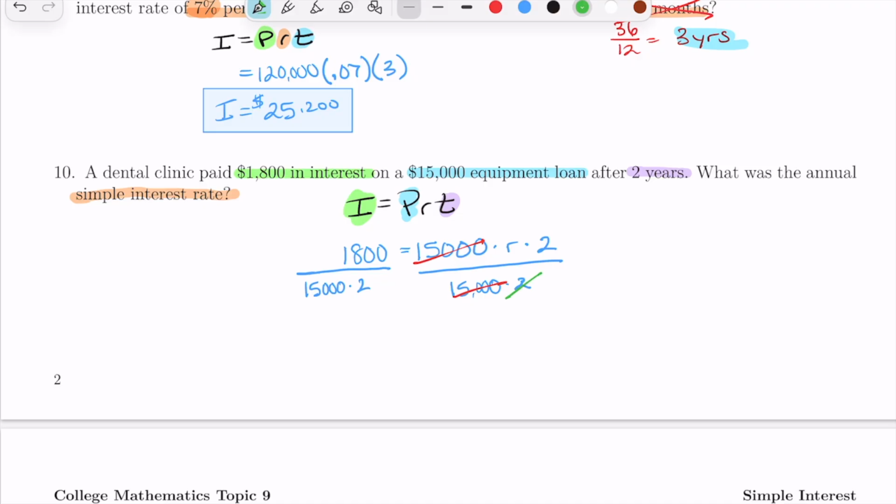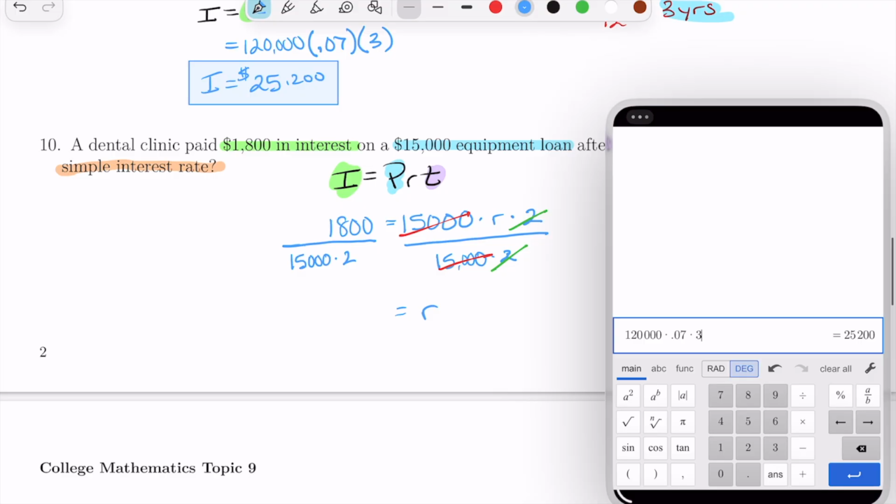That allows our 2's to divide out. And that leaves us left with just R. And on the left-hand side, we have 1,800 divided by 15,000 times 2. This does get us an interest rate of 0.06, or in other words, 6% interest.